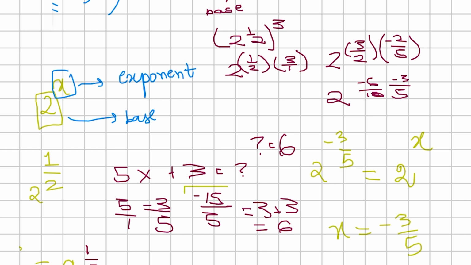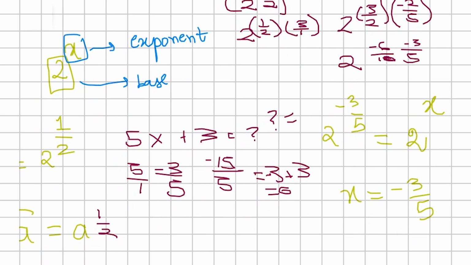Negative 15 over 5 is what? Negative 3. Yes, that's the one. The answer is 0.